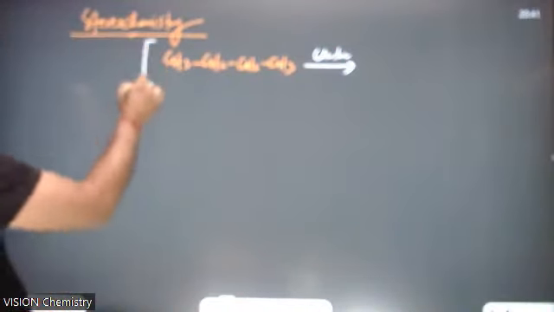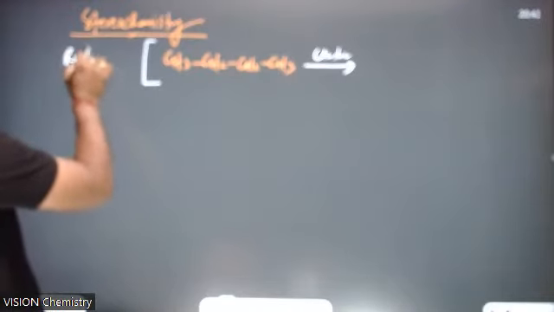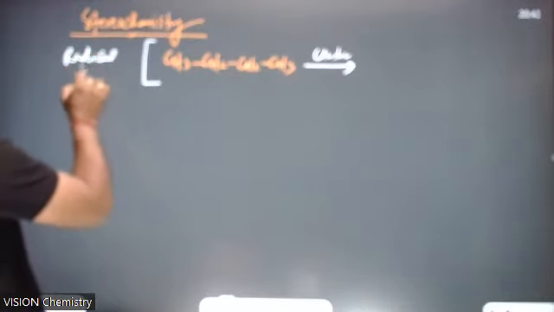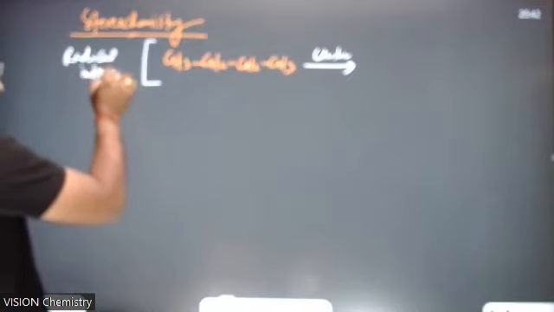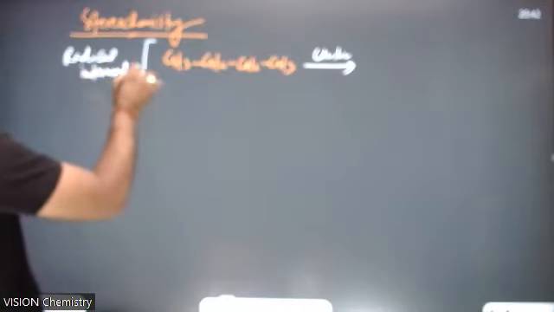You know that this reaction proceeds through a radical intermediate. And what is the radical intermediate? What is the hybridization of this one? This one is sp2. What is the geometry of this one? Trigonal planar.